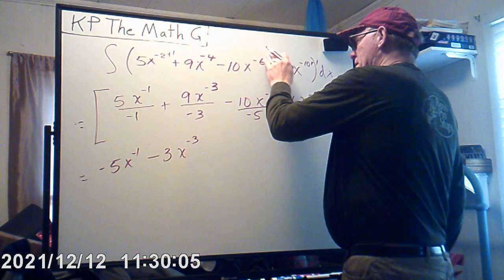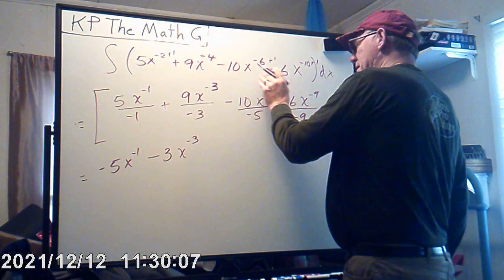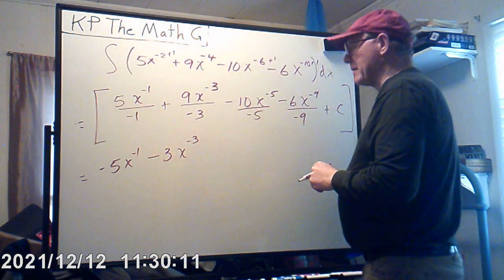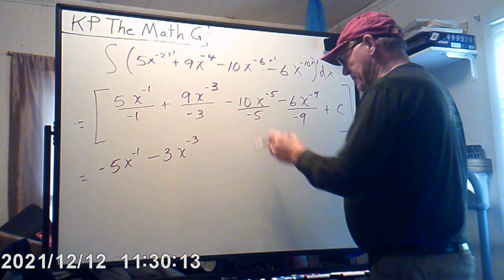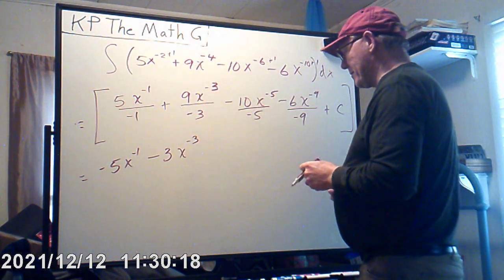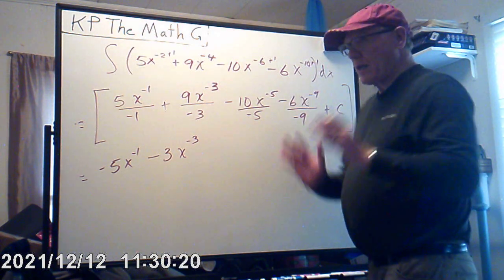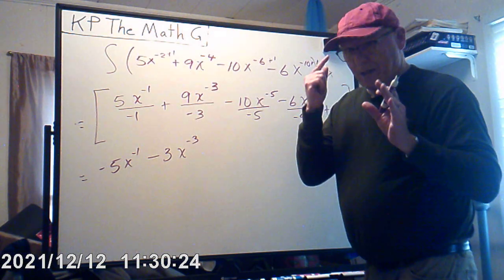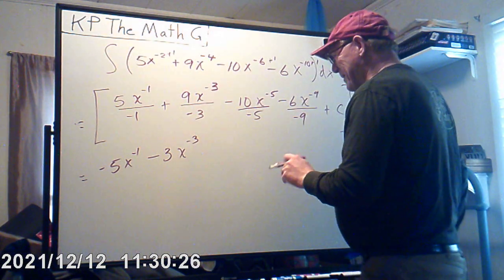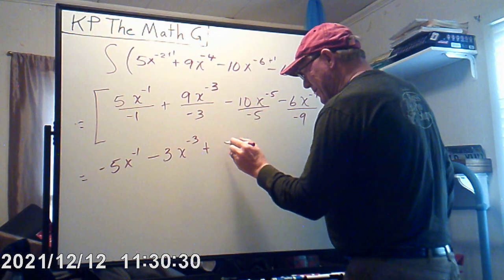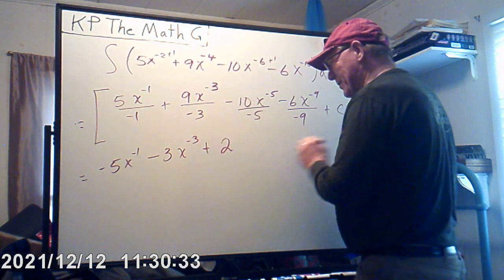Because if I add 1 here, that's negative 5, and I need a negative 5 down here. Negative over negative is a positive. 10 over 5 is 2.